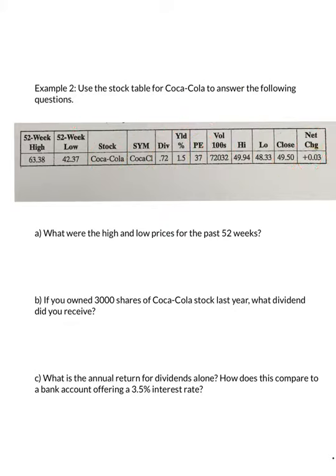So I know that's a lot of information. Let's go ahead and try this question out. It says in part A, what were the high and low prices for the past 52 weeks? Obviously, that's the first two columns. So the highest price, high in past 52 weeks.